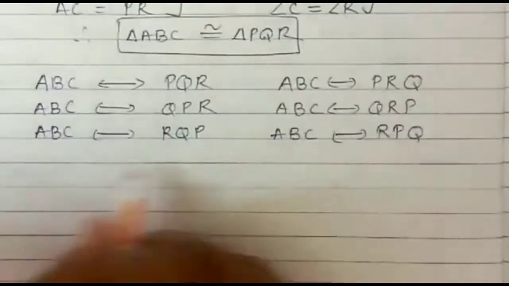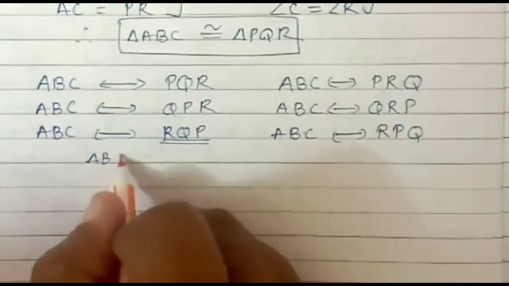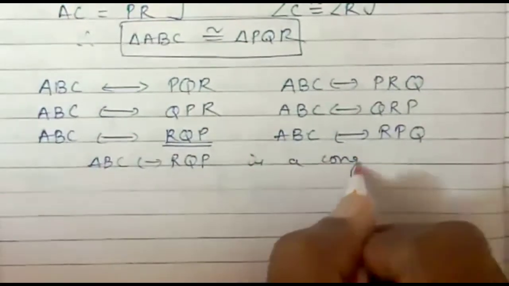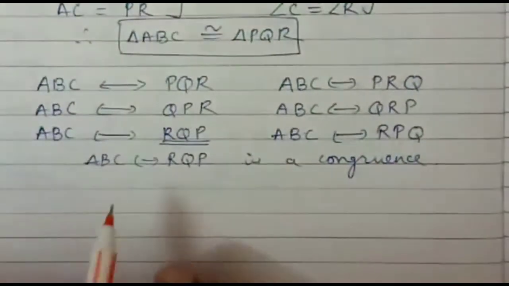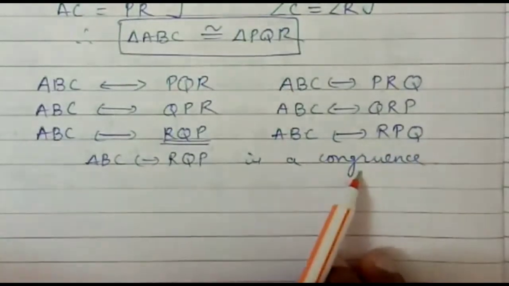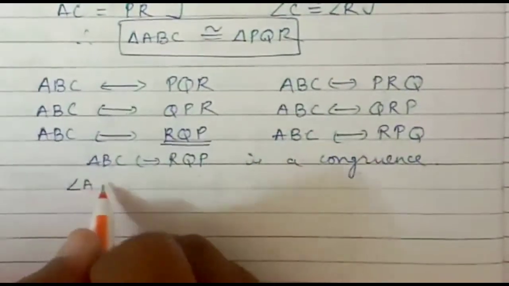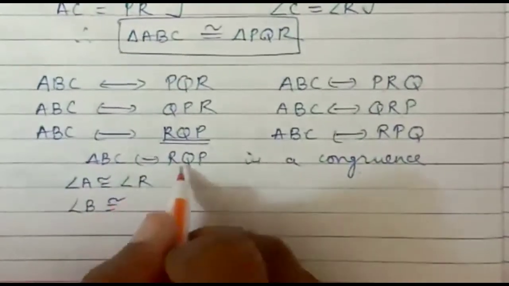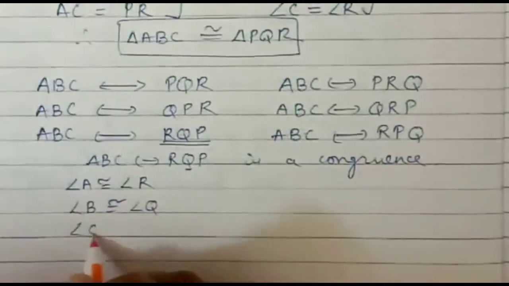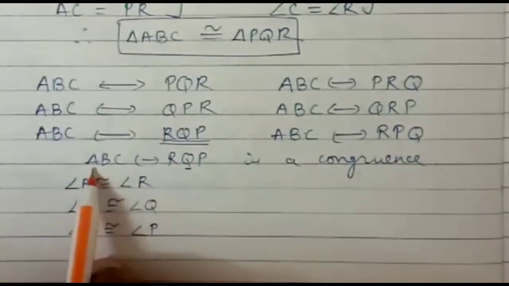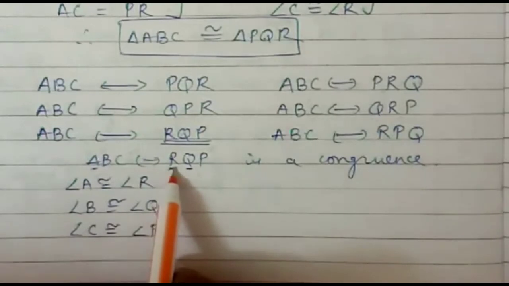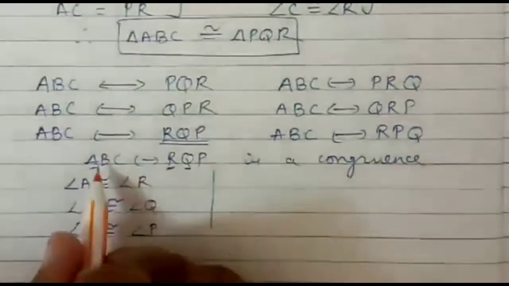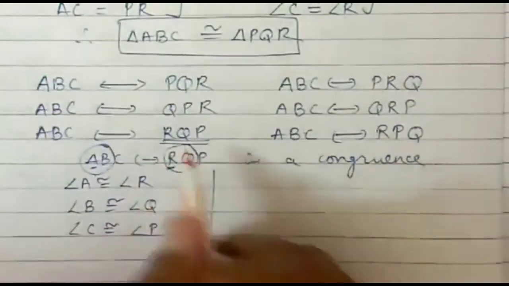Now suppose I say this correspondence, ABC corresponds to RQP, is a congruence. If it is given in the question that this particular correspondence is a congruence, what it means is angle A will be congruent to angle R, angle B will be congruent to angle Q, angle C will be congruent to angle P. You can see I have taken the first letter here, so A is with R, B is with Q and C is with P. Similarly, if I talk about sides, if I take first two letters AB, it will be equal to RQ.